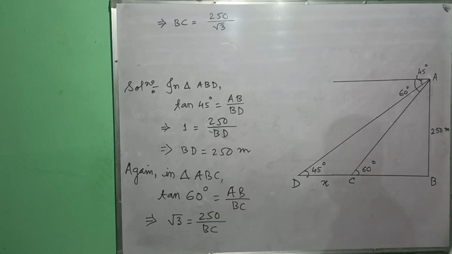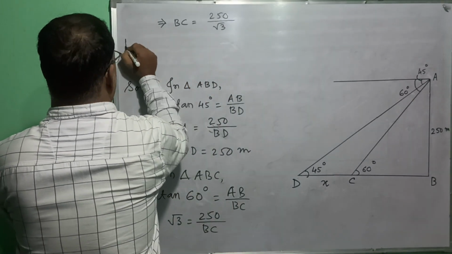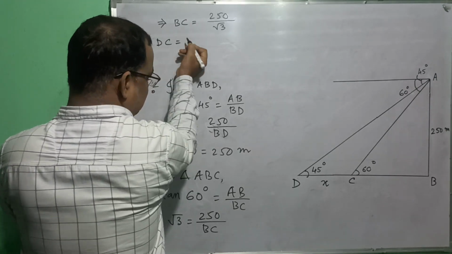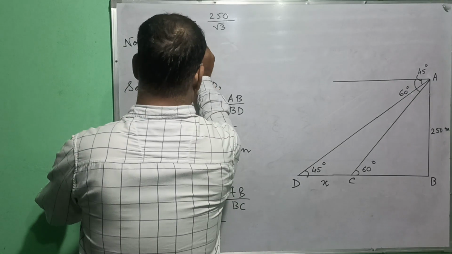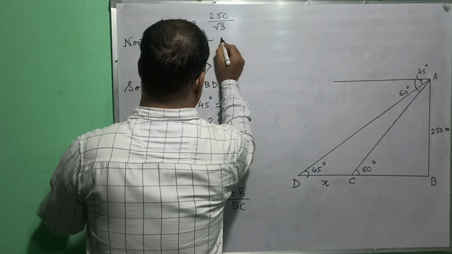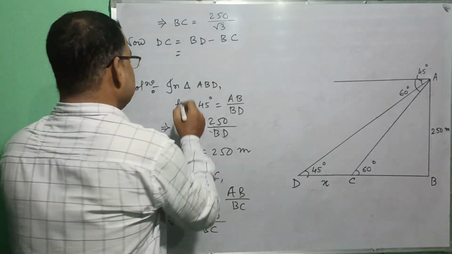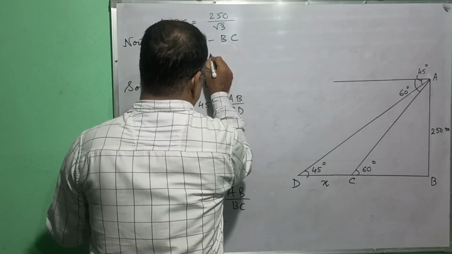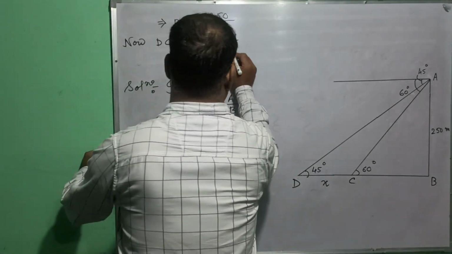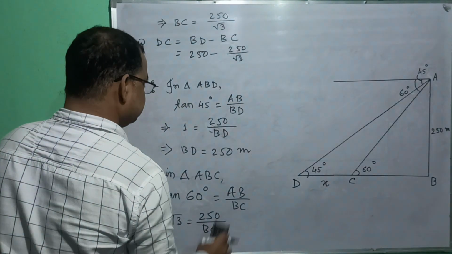So we'll write DC equals BD minus BC. BD equals 250, minus BC, which is 250 by root 3.